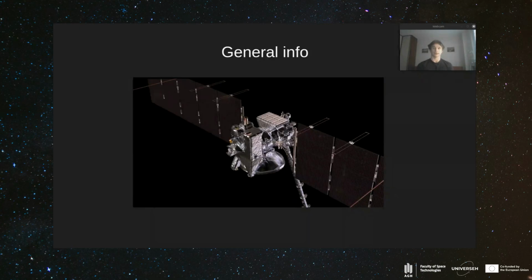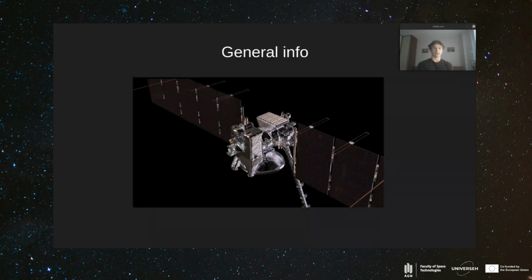Europa Clipper has 24 engines. It will complete nearly 45 to 50 flybys by Europa. Yes, those will be flybys, it won't be orbiting Europa, because Europa is very close to Jupiter, and Jupiter has a very strong magnetic field, which would just fry the electronics inside the spacecraft.